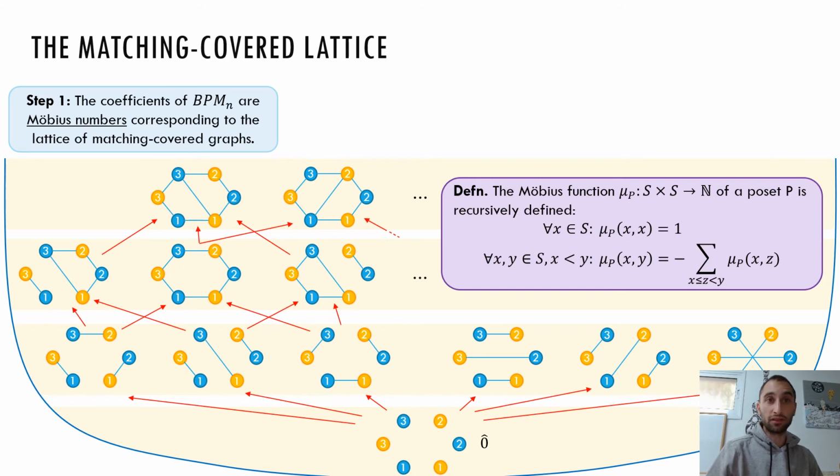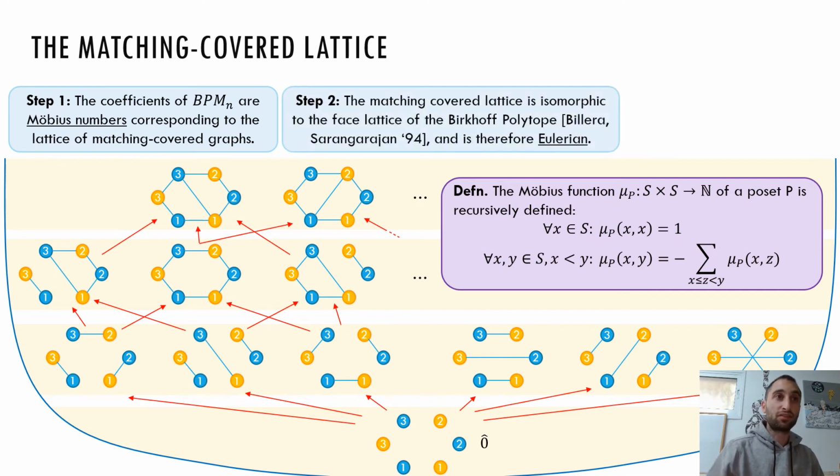The Möbius function is an inductively defined function, which is defined for every poset and is related to its incidence algebra. This function assigns a value to every interval in the lattice and can be seen as a generalization of the Möbius function from number theory.